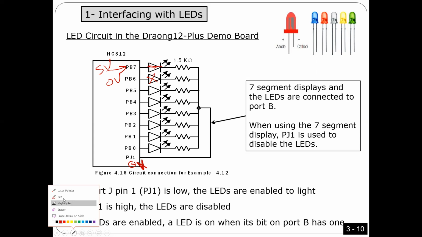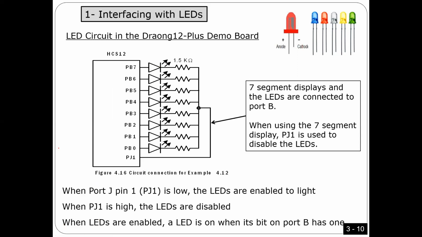However, if you put here 5 volt, you actually disable the 7 segment. Why? Because if there is 5 volt here, it is off.